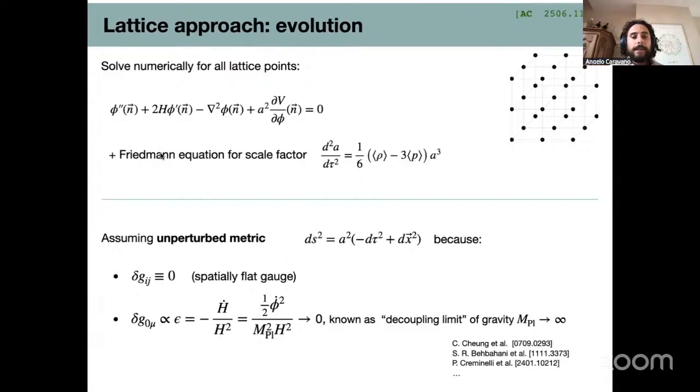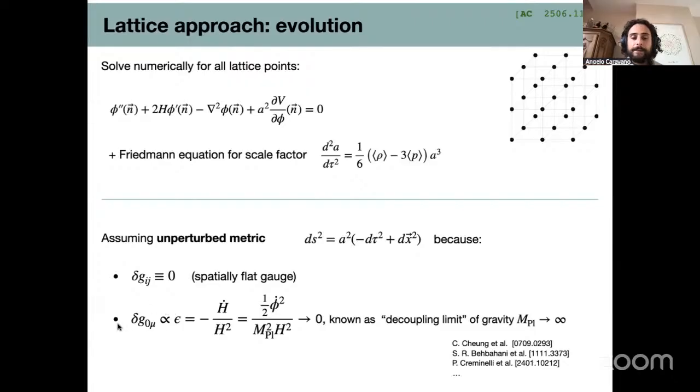Now, typically, if you just think of single field inflation, you can safely put to zero all the spatial components of the metric associated to scalar perturbations. And this is simply a choice of gauge. We are working in the so-called spatially flat gauge, so that the scalar degree of freedom is in the field itself. And this can always be done. However, there's always the delta g_0mu component of the metric.